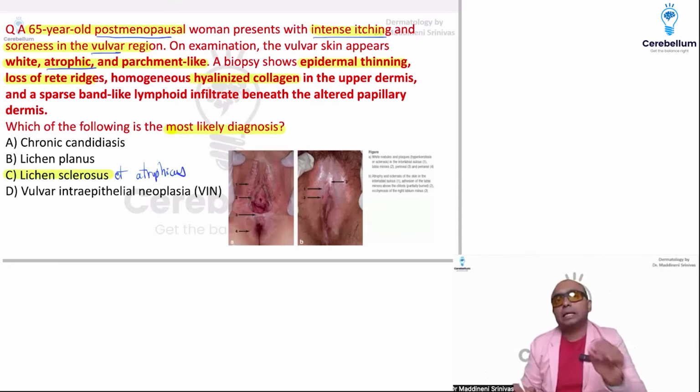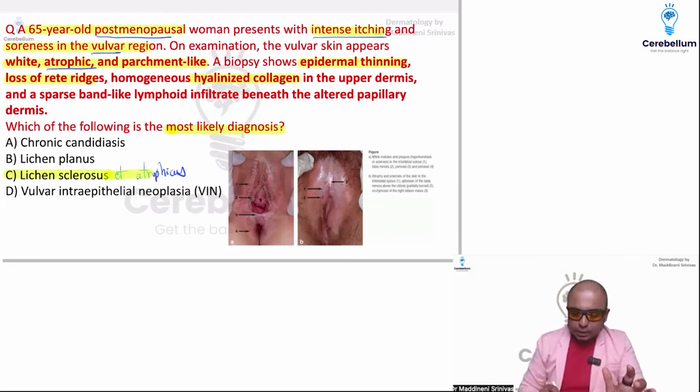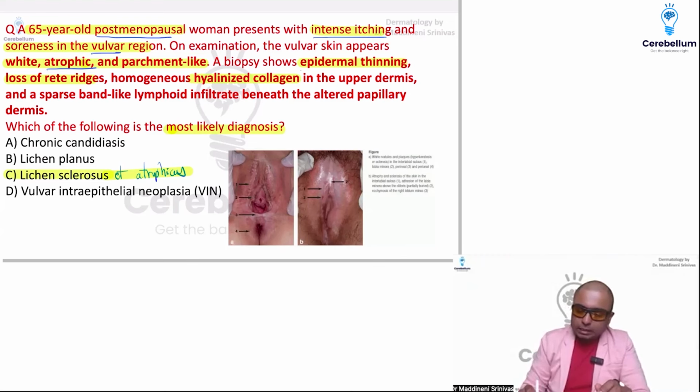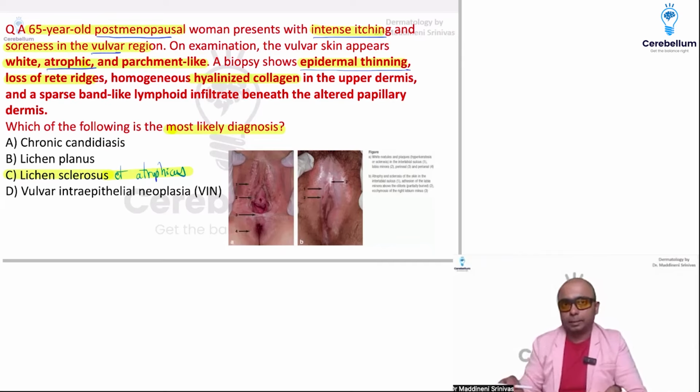It presents with intense itching, and there is very, very thin skin, and that is the reason we see epidermal thinning histopathologically. These patients should be kept under close monitoring because the lesion can develop malignancy, SCC.